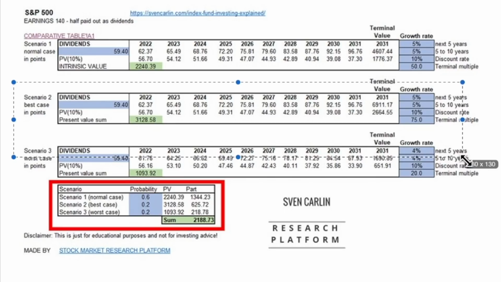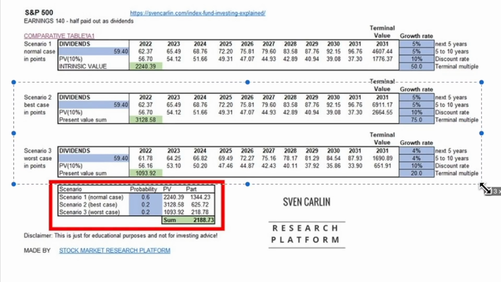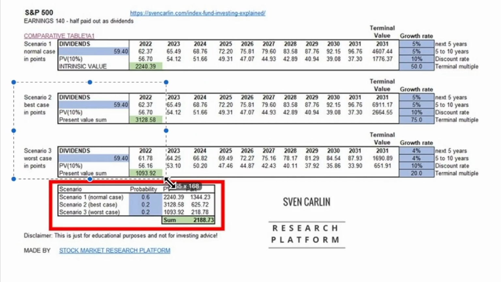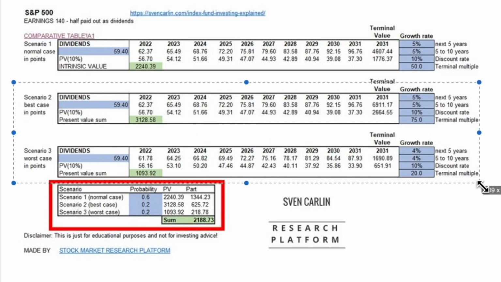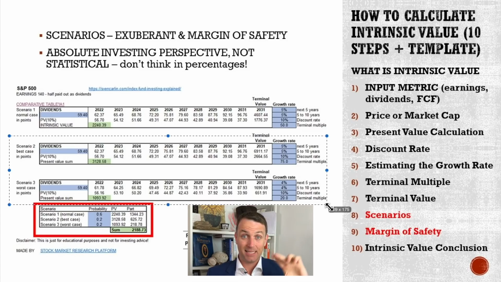Also, in a negative scenario, the opposite: lower growth rates, lower terminal multiples, lower present value sums. This is very important because I really think that whatever the business you own, it's very likely that over the next few years, the market will at some point be very exuberant about the business and also very pessimistic about the business. Thus, it will give you those ranges.